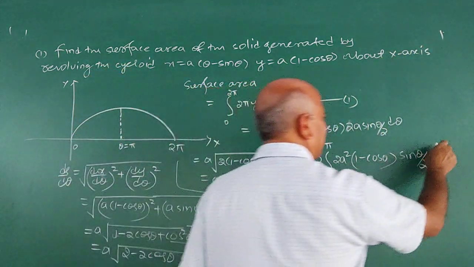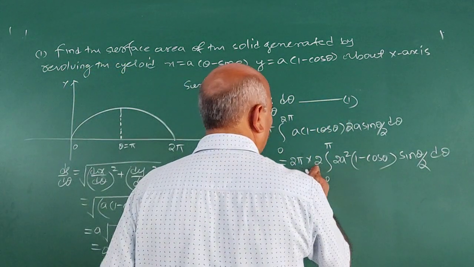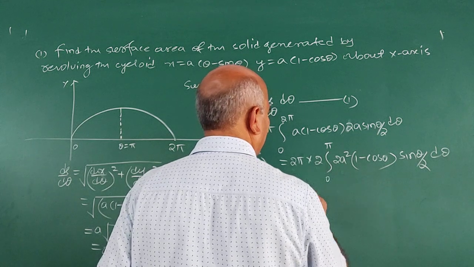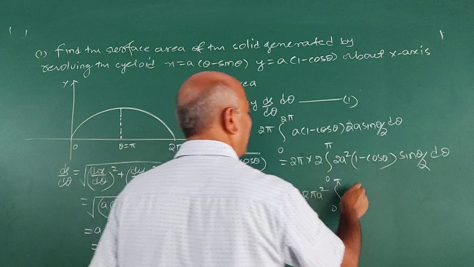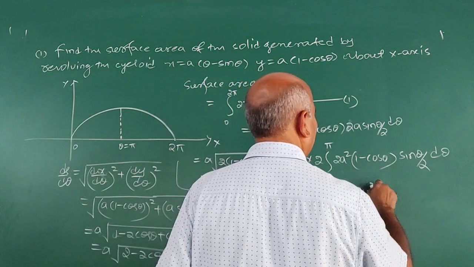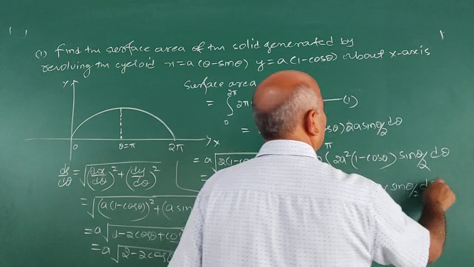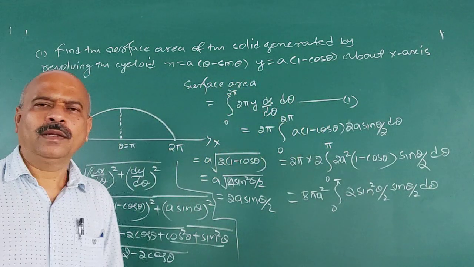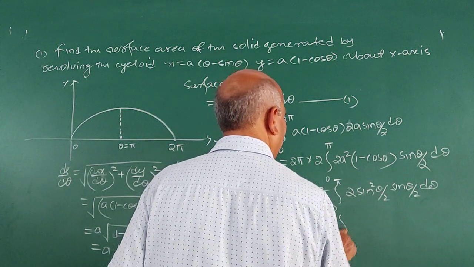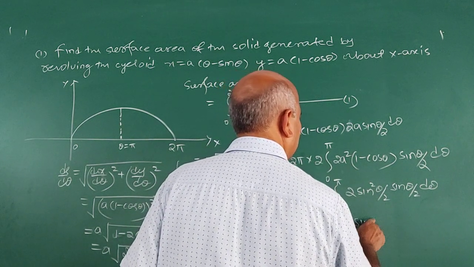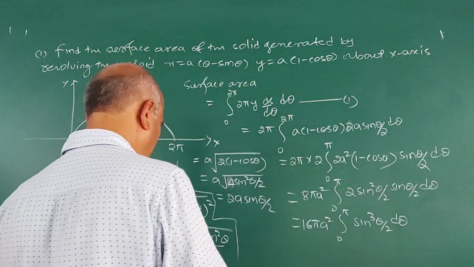Therefore 8 pi a square integral from 0 to pi, 1 minus cos theta is again 2 sin square theta by 2, into sin theta by 2 d theta. Therefore 16 pi a square integral from 0 to pi sin cube theta by 2 d theta.